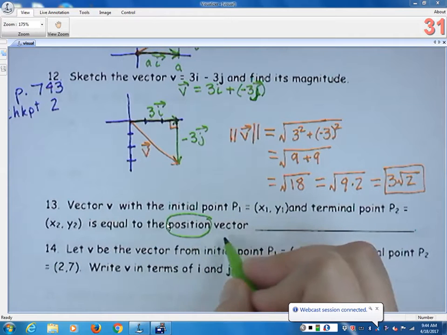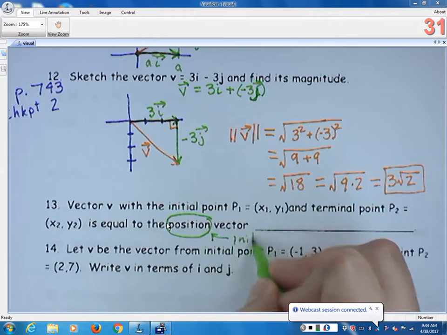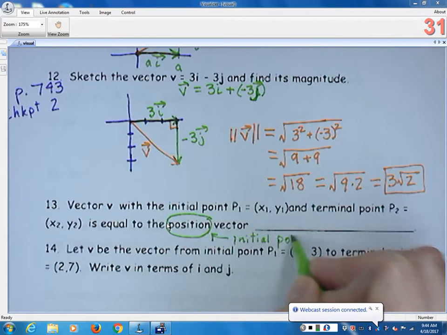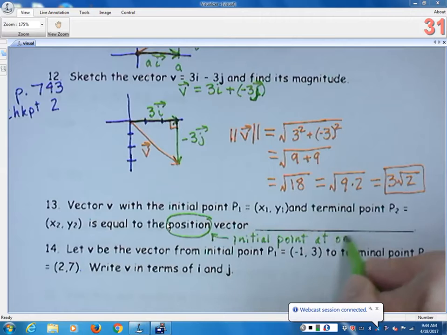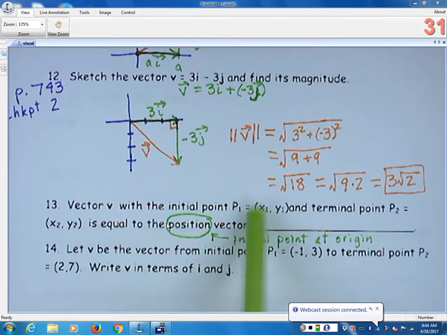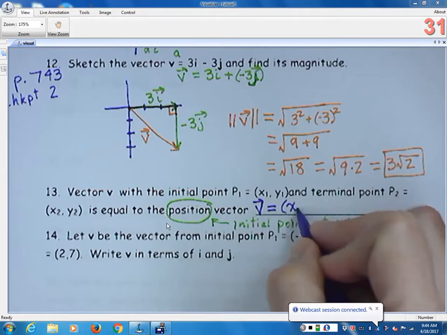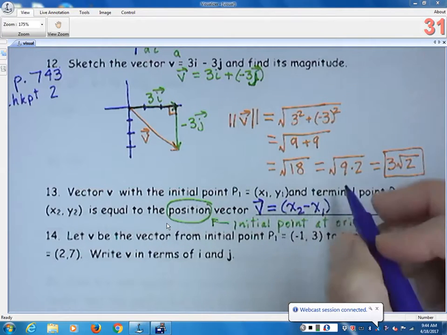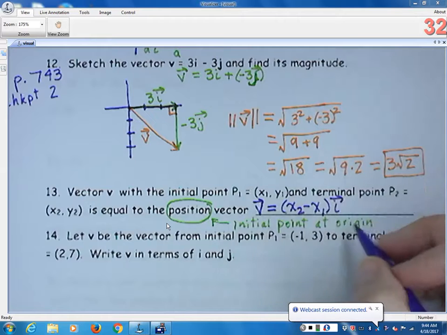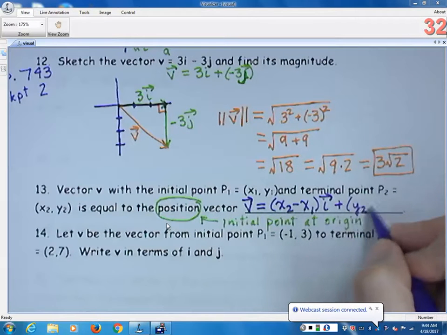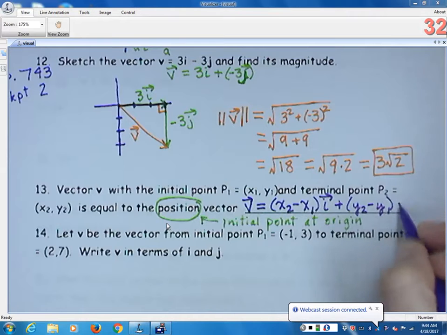The initial point is at the origin. So we are just moving this vector that can be anywhere so that its initial point is going to be at the origin. So how do we do that? We take the vector v equals x2 minus x1 times i plus y2 minus y1 times j.